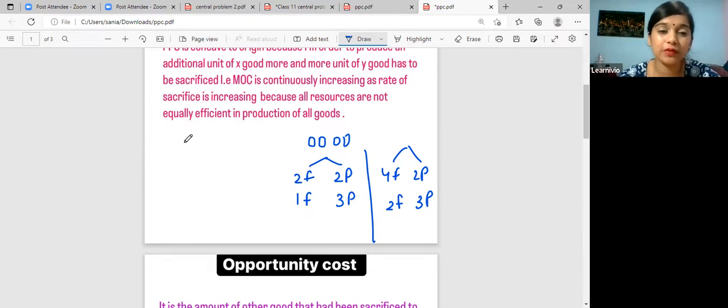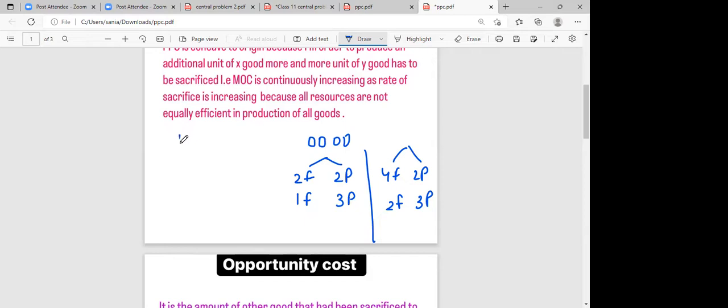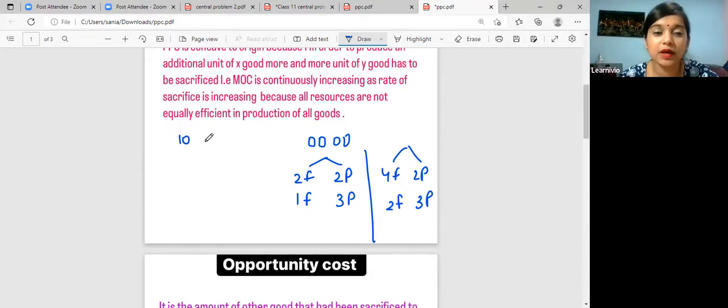For example, see, you have 10 rupees with you. You can purchase chocolate and pen. The price of chocolate is 10 rupees and the price of pen is 5 rupees. So with these 10 rupees, you can purchase 2 pens, but only 1 chocolate, right? Similarly, for example, furniture: if you want to produce a bed, of course, it will take a large amount of wood.